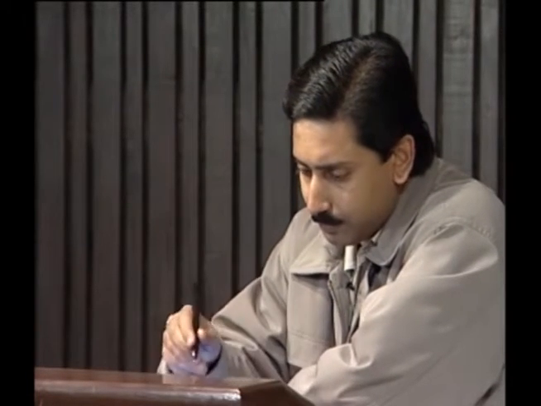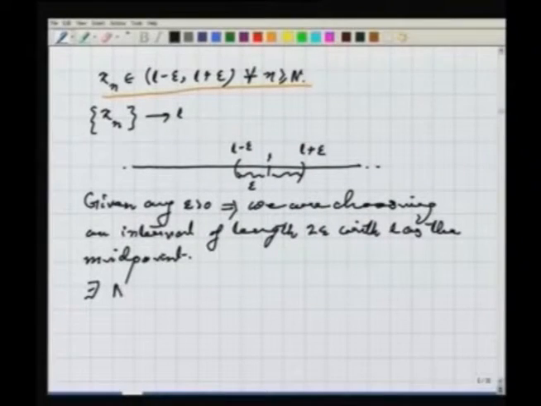Then let us examine the next part of the definition. Given epsilon bigger than 0, I have chosen an interval around L. Then the definition says there exists a capital N such that for all n bigger than or equal to capital N, x n is lying in that interval.